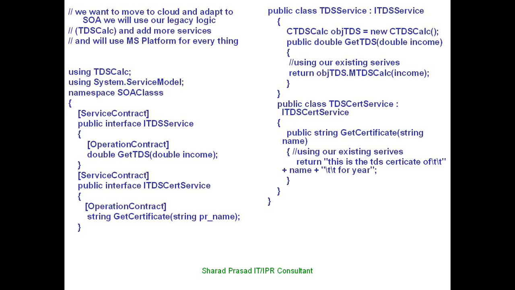So we've created one object of the TDS class, object TDS, and then through this object we are calling the methods available in that class. So the TDS Calc method is one of the legacy code business logic we have. We are using that code in this SOA service.